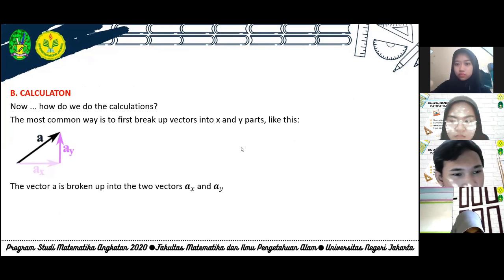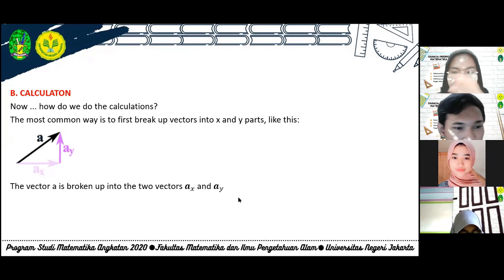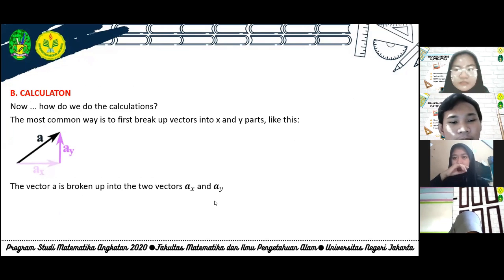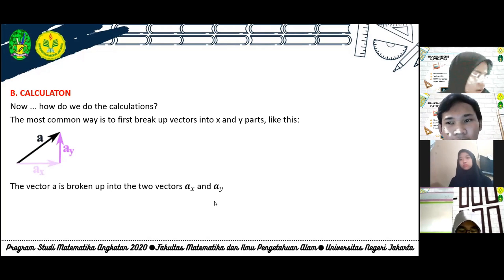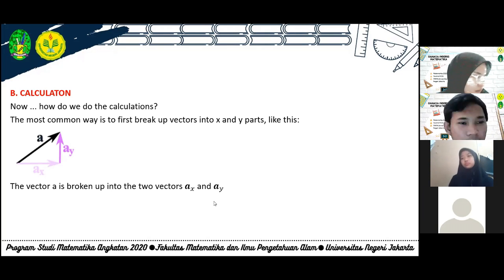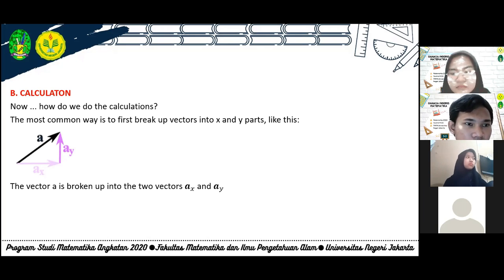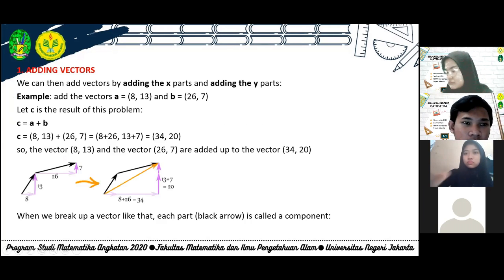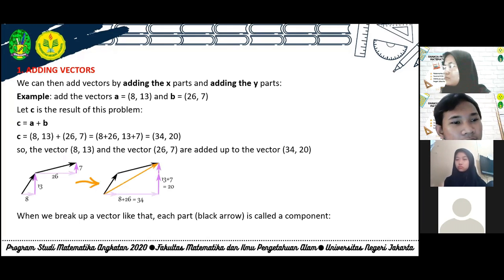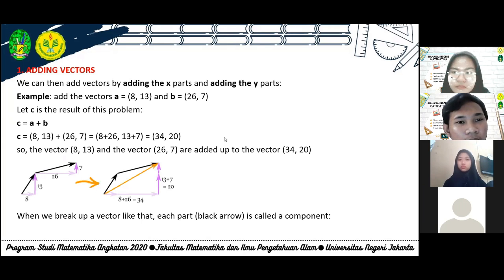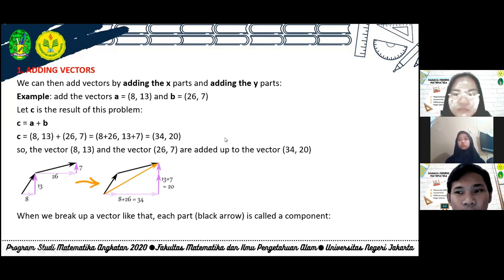You can see in the picture on this slide, the vector A is broken up into the two vectors ax and ay. Adding vectors. We can then add vectors by adding the x parts and adding the y parts.